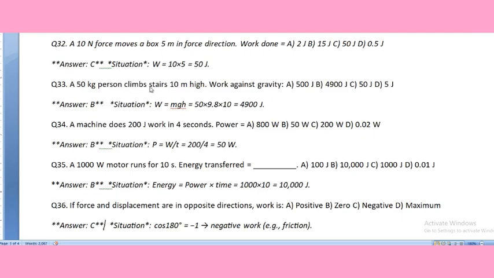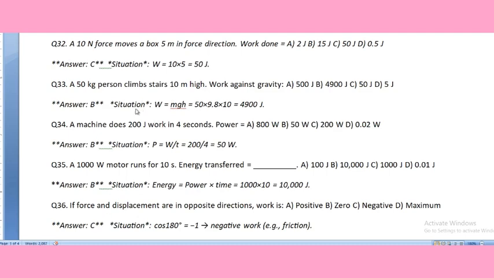A 50 kilogram person climbs stairs 10 meter high. Working against gravity, what is the potential energy of this body at this height? Choice A, 500 joule, choice B, 4,900 joule, choice C, 50 joule, choice D, 5 joule.